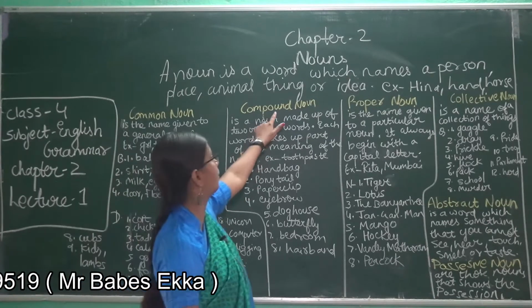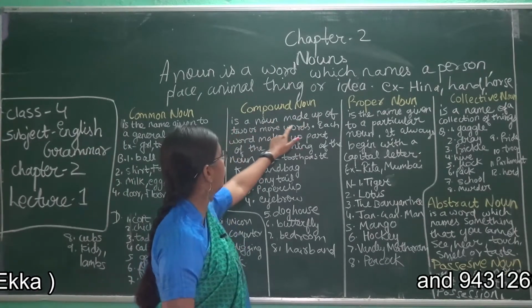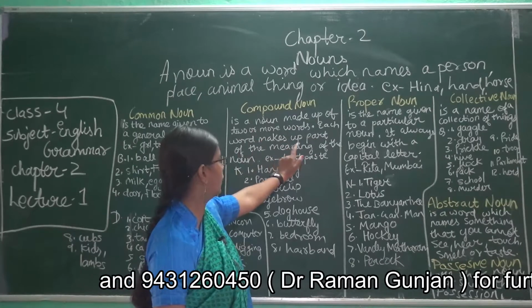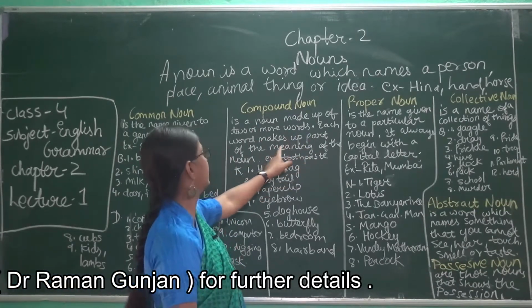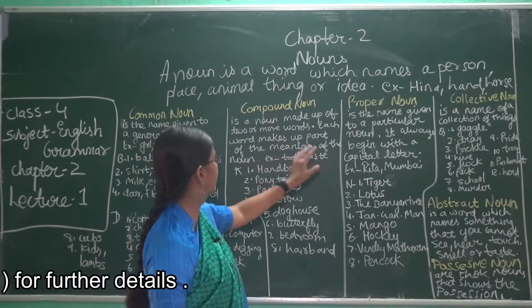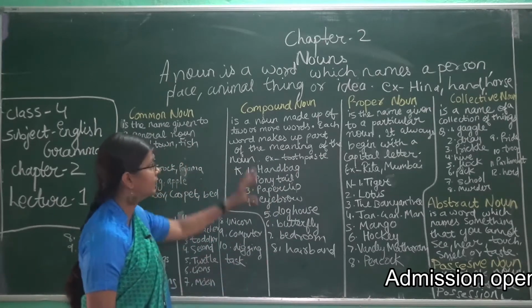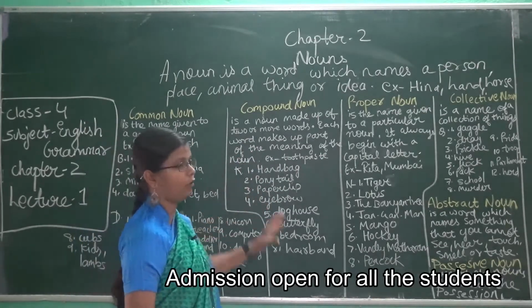Now come to the compound noun. It is a noun made up of 2 or more words. Each word makes a part of the meaning of the noun.